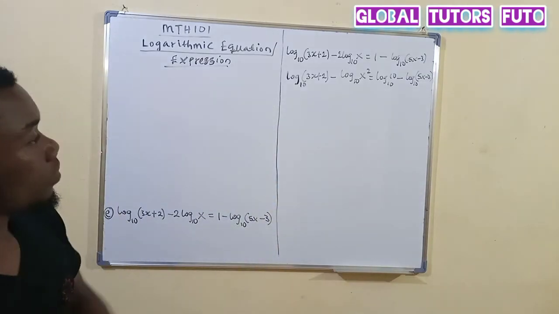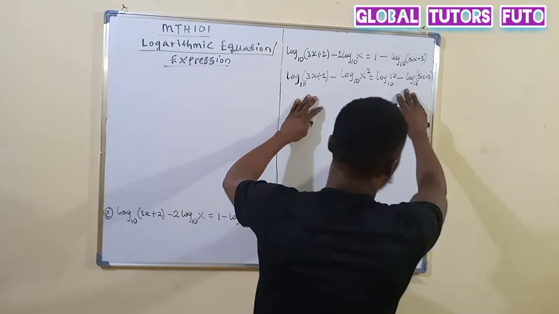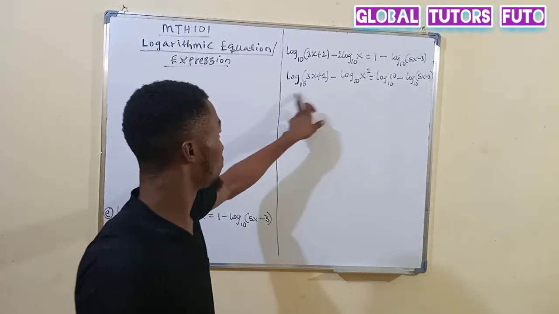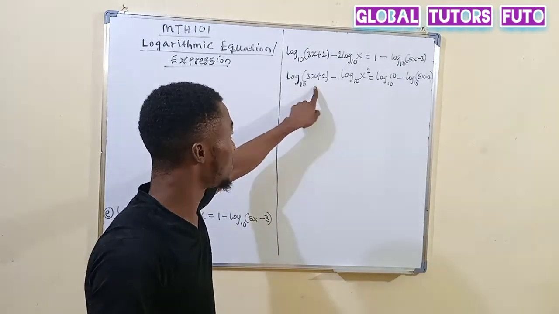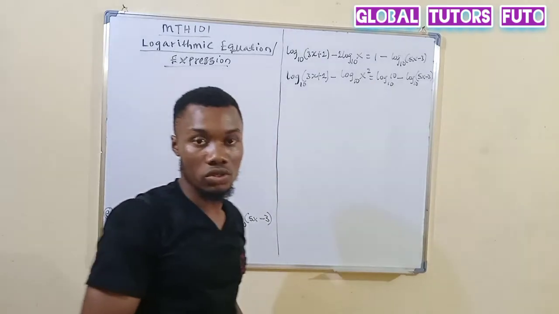Now we have this at the left hand side and we have this at the right hand side. You know the laws of negative in terms of logarithm. When you have negative, it means log base that thing, this divided by the other one. So you do it here and also do it here.